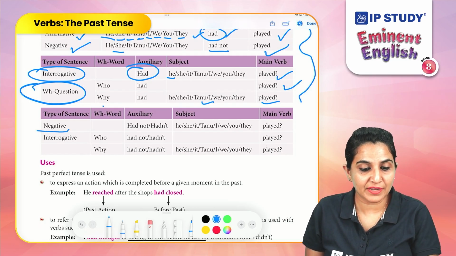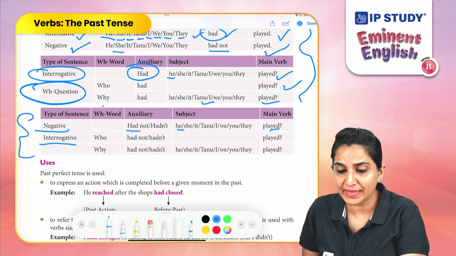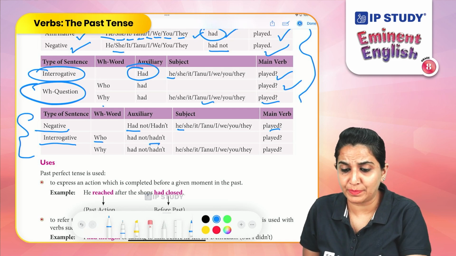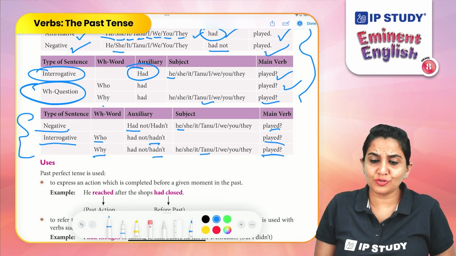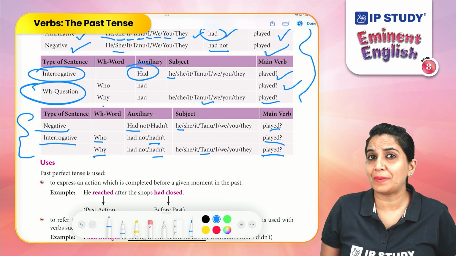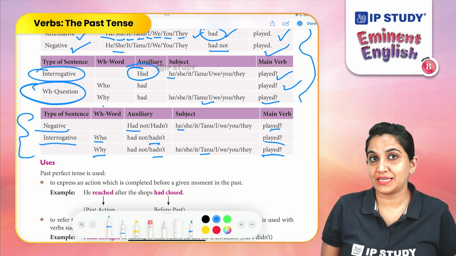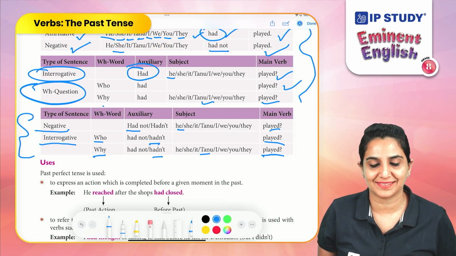With negative types of sentences and negative interrogative types of sentences, we use hadn't he played, hadn't she played, who hadn't played, why hadn't Tanu played. So with all of these sentences, we always use had along with the past participle, and accordingly we use them in interrogative, negative and negative interrogative sentences.